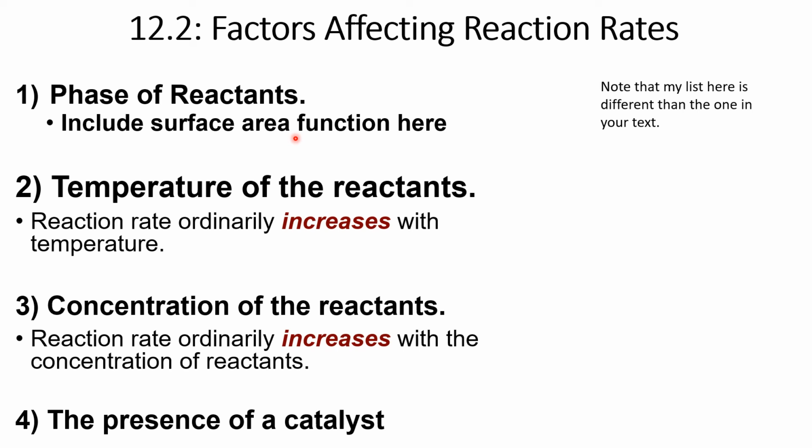So in general, the more surface area of a solid that you have for reaction, the faster your reaction rate. So if you take a block of aluminum and you expose it to a torch, like a propane torch, it's unlikely that anything bad will happen.